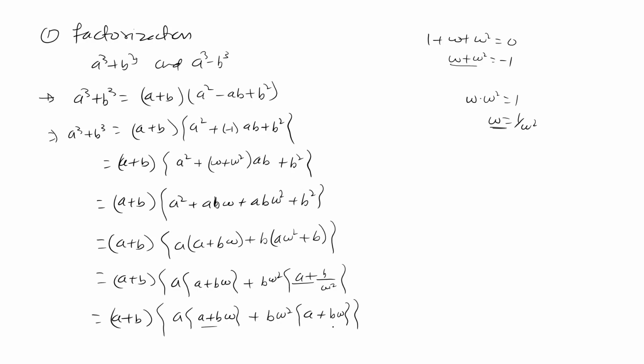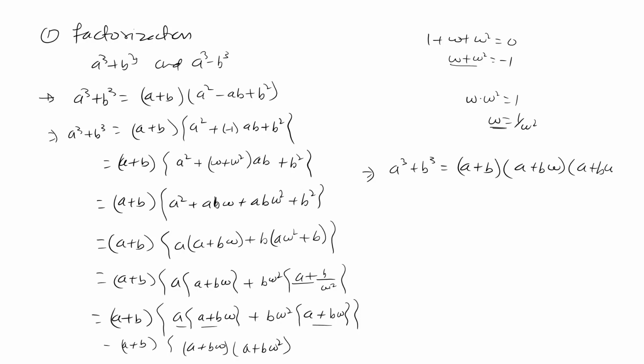Now a plus b omega is common, so a plus b into a plus b omega is common, and the remaining is 1 plus a plus b omega square. So this is the factorization of a cube plus b cube in terms of cube root of unity, that is a plus b into a plus b omega into a plus b omega square.